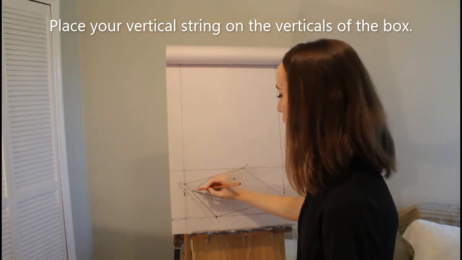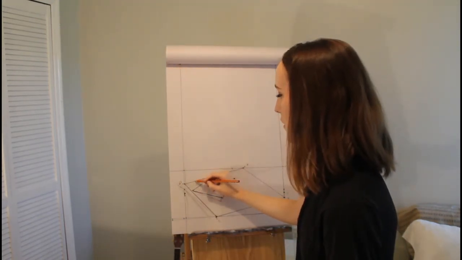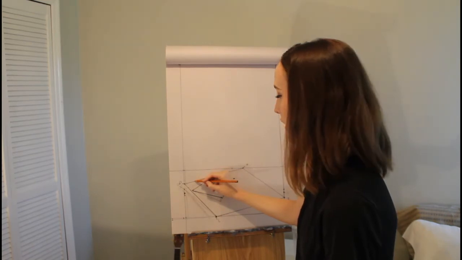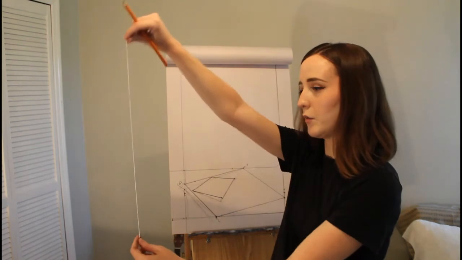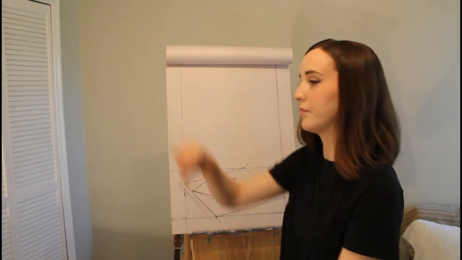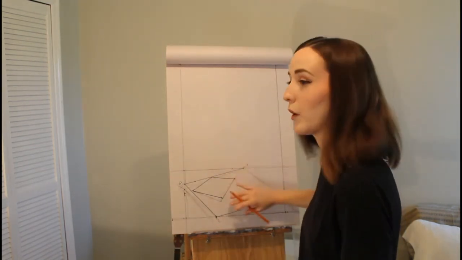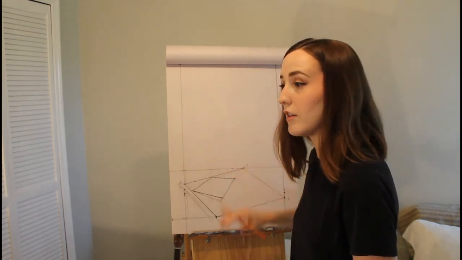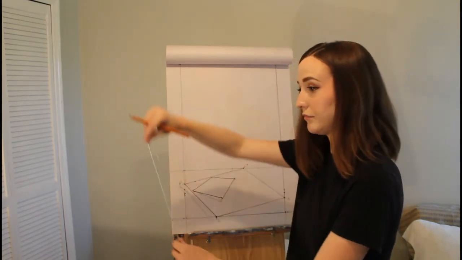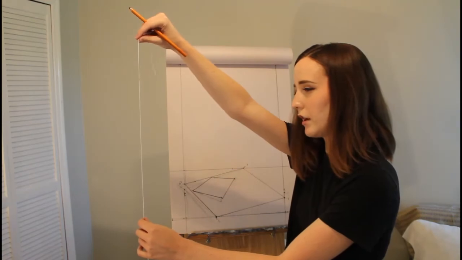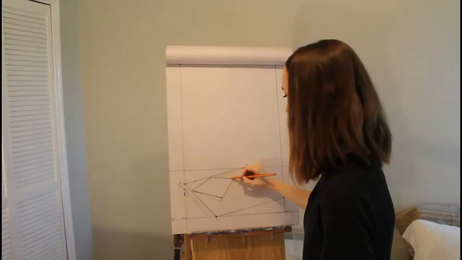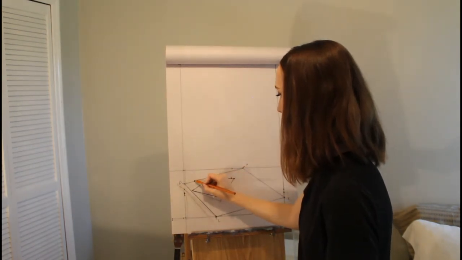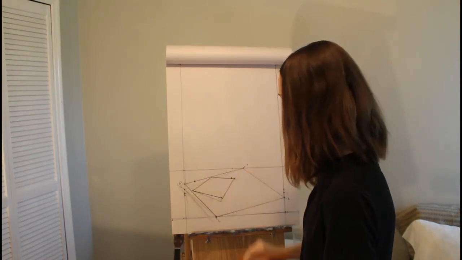Okay, so cutting through here, hitting there with that perfect vertical line. I'm going to ask a question about the major edge of the box with that vertical line. Trying to make these very clear so I don't confuse them with any other mark.